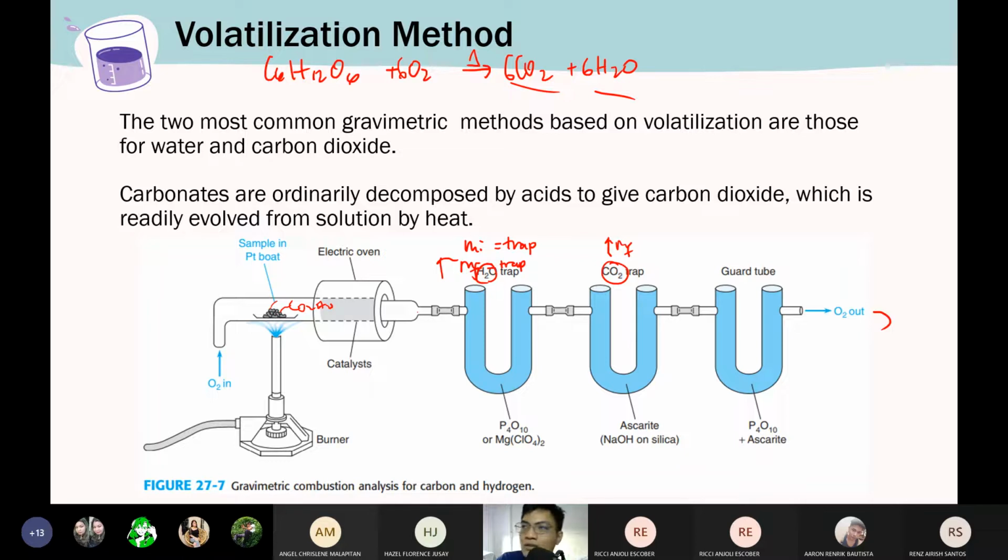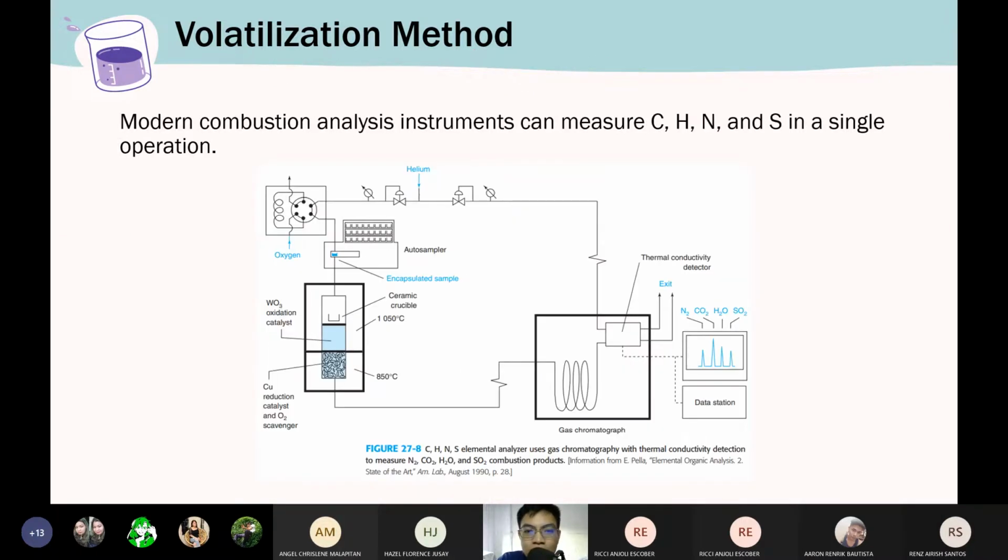So this is the traditional way of volatilization. No? So it can only determine the carbon and the hydrogen of your compound. But there are more modern instruments, okay, such as the CHNS combustion analyzer. Hindi lang C and H yung nade-determine niya, no? It can also determine the amount of nitrogen and the sulfur in your compounds.